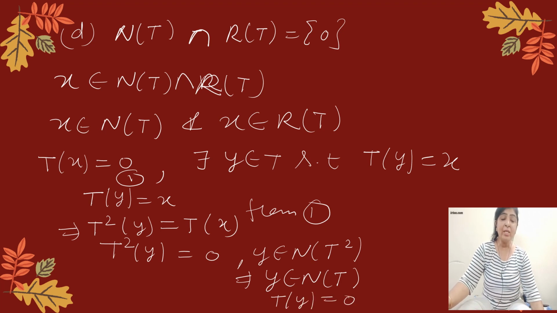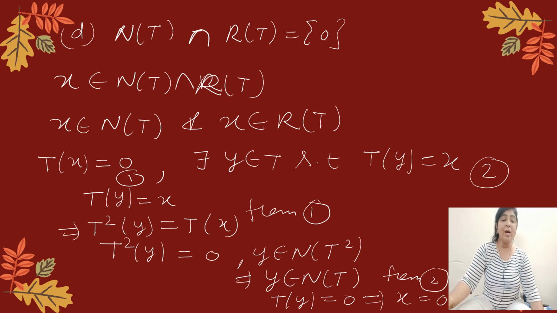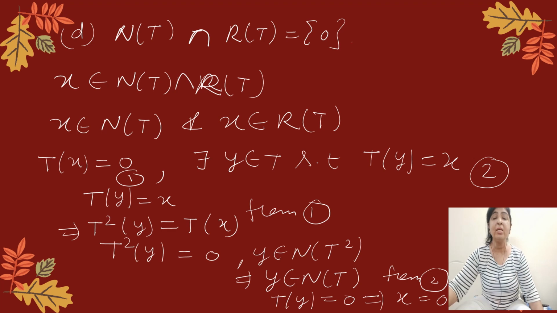T of y is equal to x, implies x is equal to 0 from 2. Clear? So ultimately you are getting x is equal to 0. This implies nullity of T intersection range of T is equal to 0 is correct.